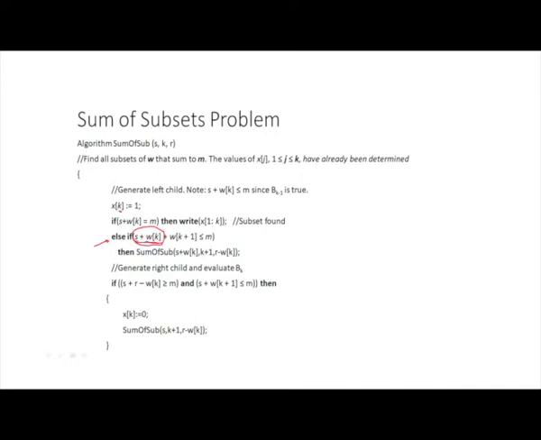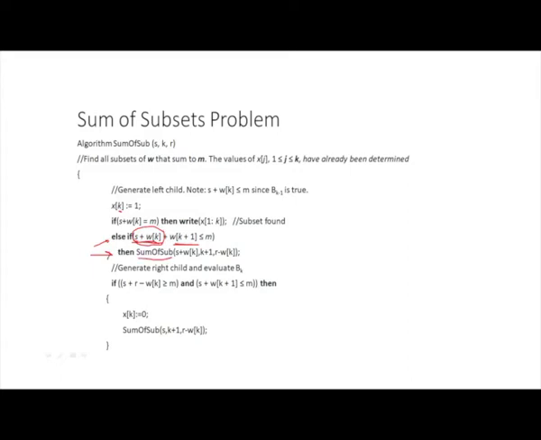So, the weight so far plus the immediate next weight, okay, this is the second condition of our bounding function, is less than or equal to m, okay, then we can continue by considering the other weights or the next weight in line. So, we make a recursive call here, okay, then sum of subsets.